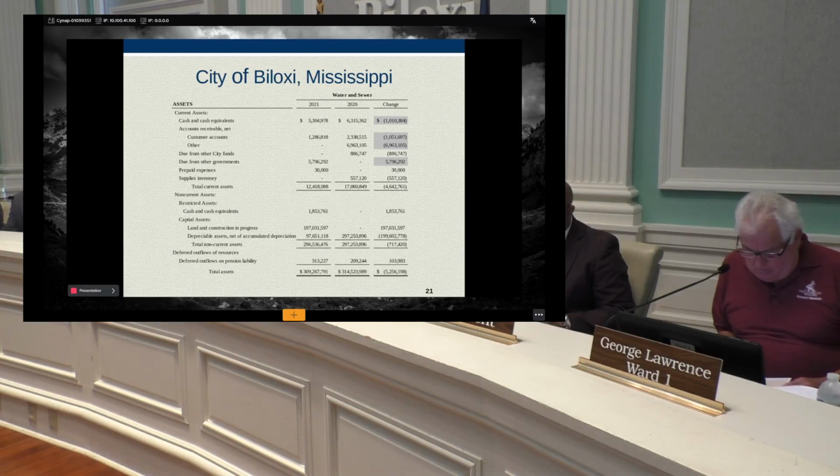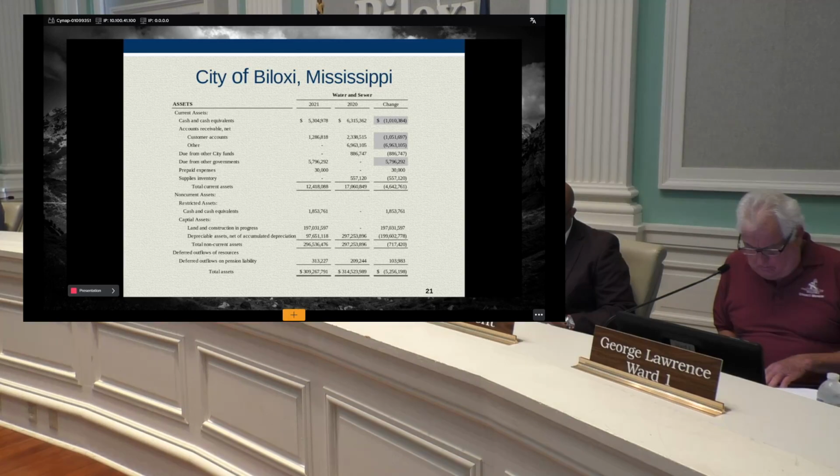You'll see that there was a decrease in cash of 1 million, and your accounts receivable was down 1 million. The other account of the 6.9 million is actually related to a FEMA revenue, which we reported as due from other governments, so that's why they're on separate lines. We reported this year 5.8 million due from other governments.